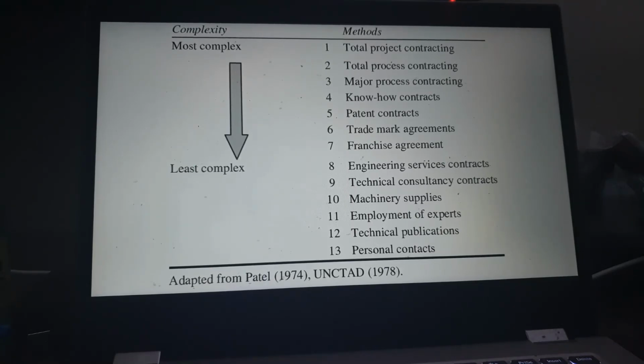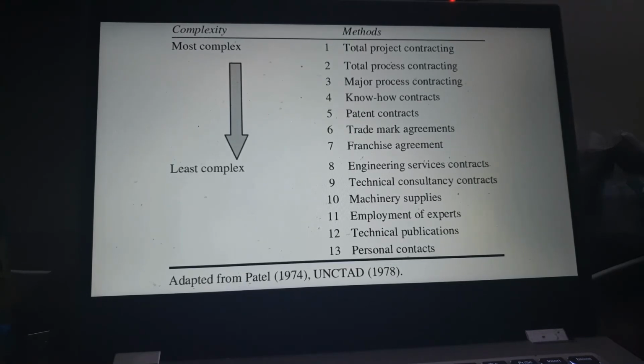Total process contracting, major process contracting. It may be a total process or part of the process contracted. That is also a method of transferring technology. When foreigners come to build buildings in our country, for example, when they come here to make beer, all those processes, that is a way of transferring technology.